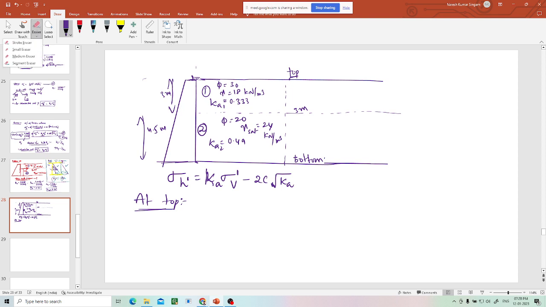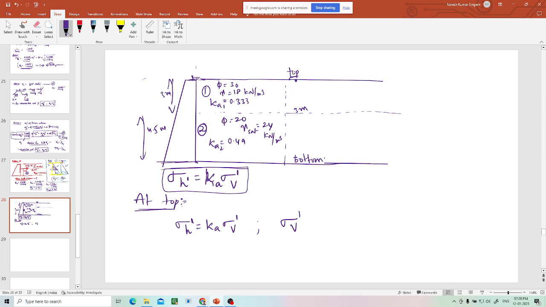So this term gets cancelled and you will have only this. Now at the top, I want to calculate sigma h dash. At the top, what is sigma v dash? Can somebody tell me the sigma v dash value at this point? Gamma multiplied by h.